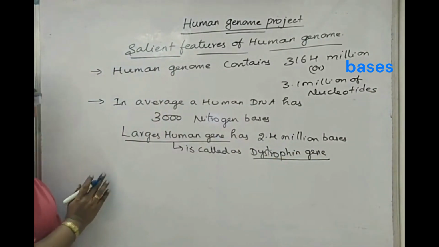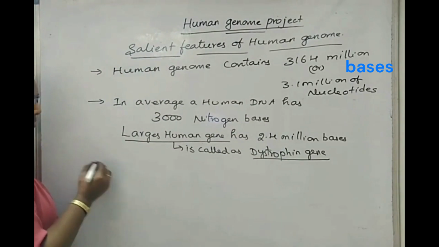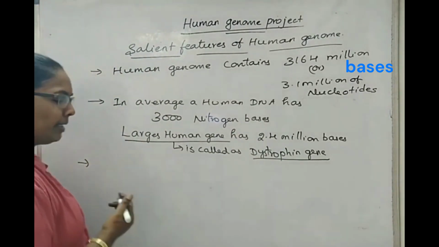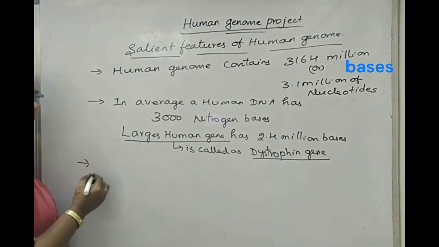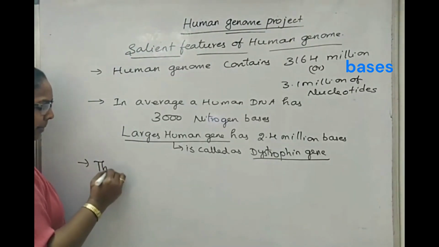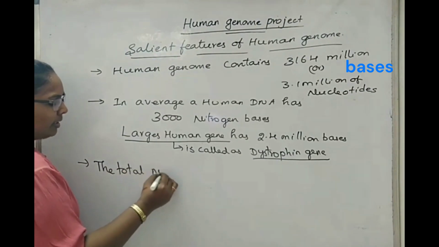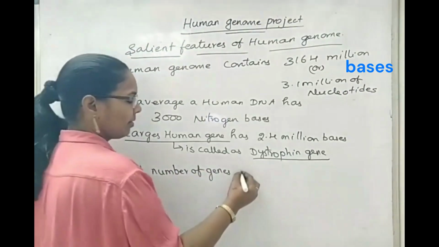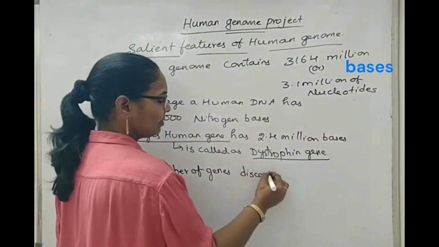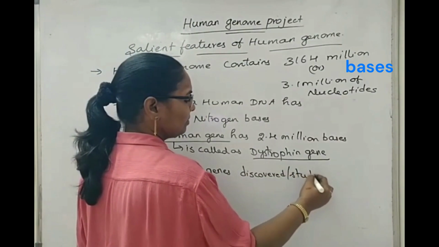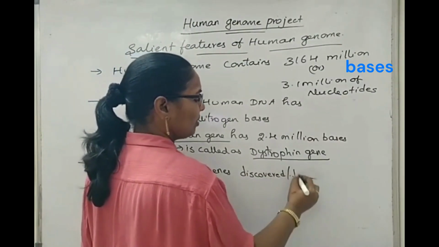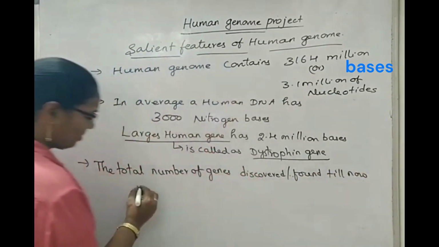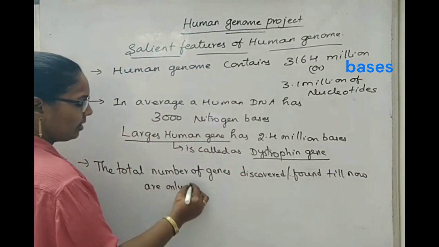The total number of genes found till now is only 30,000. We said that there are many base pairs, that is 3 billion, but the number of genes found is only 30,000 till now. The total number of genes that are discovered or studied or found till now are only 30,000.